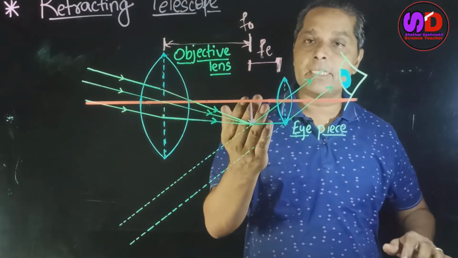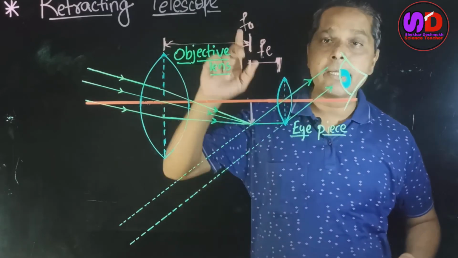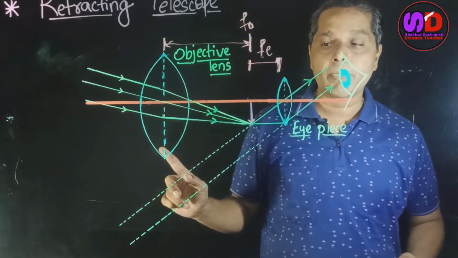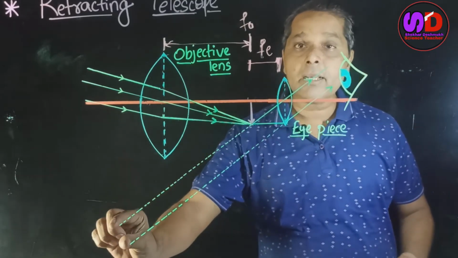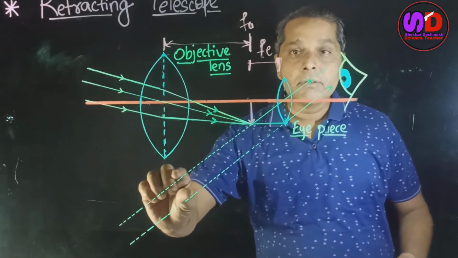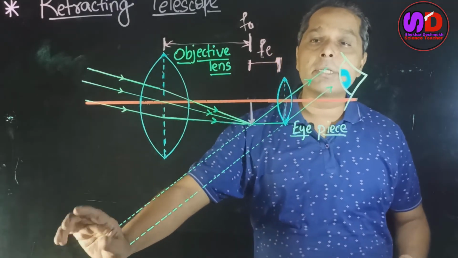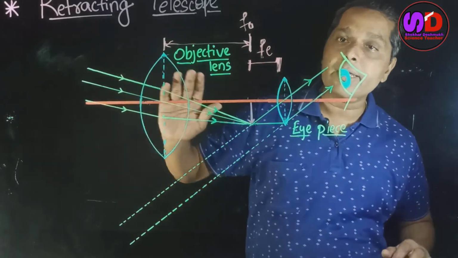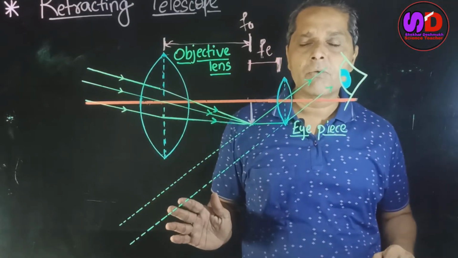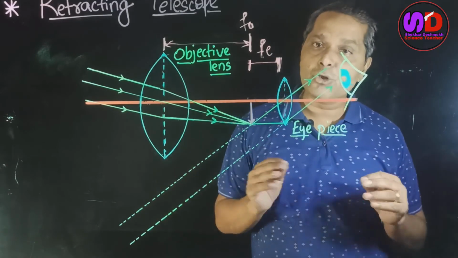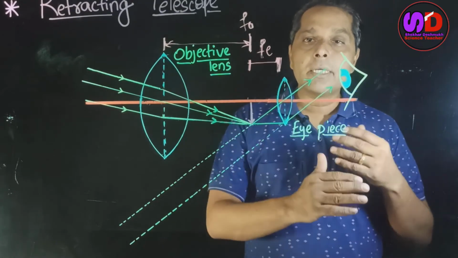We know if the object is placed at focus, we get the image at infinite distance. These light rays are nearly parallel to each other, therefore the image is formed at infinite distance, and it is a very large image, virtual, and erect.